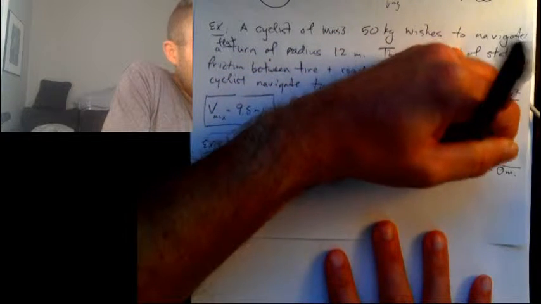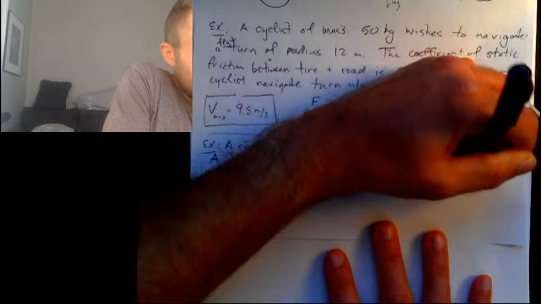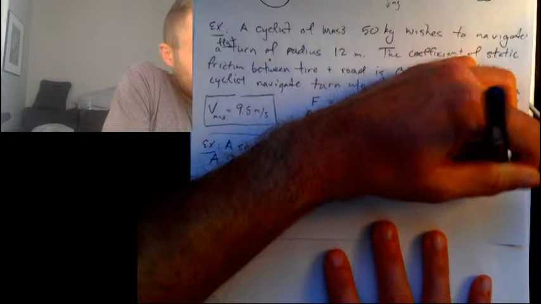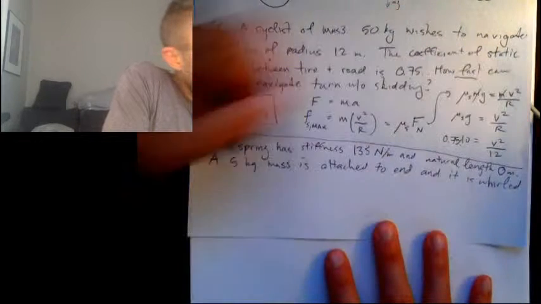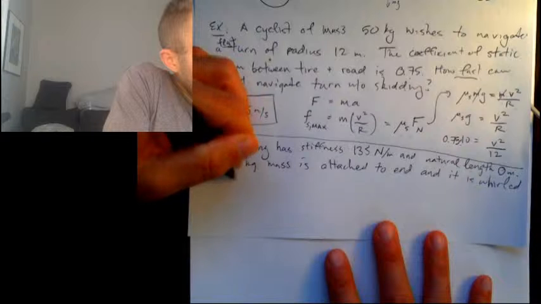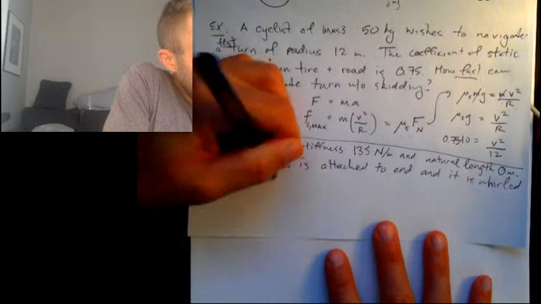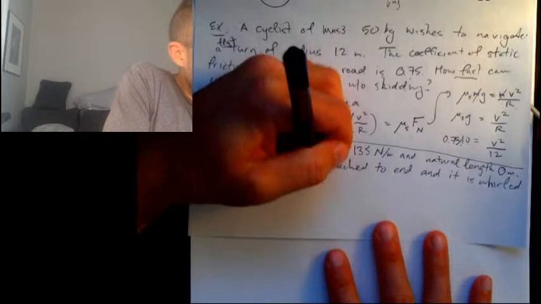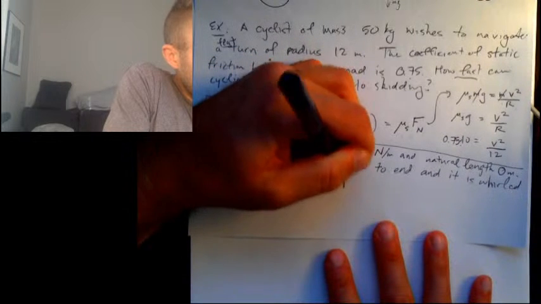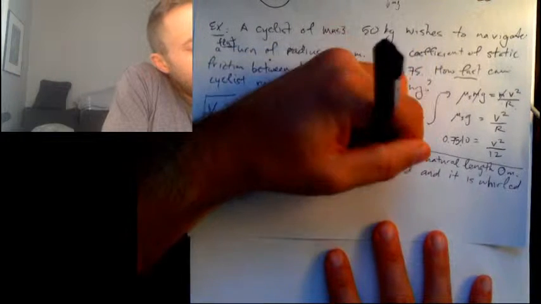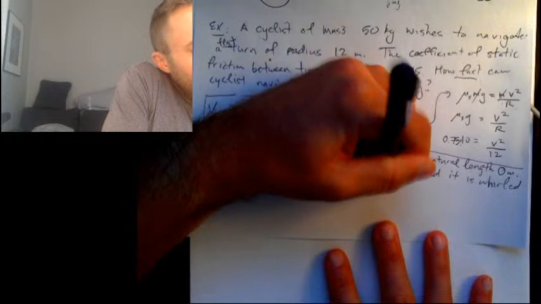And it is whirled in a flat circle with speed 11 meters per second. What is the radius of the circle?